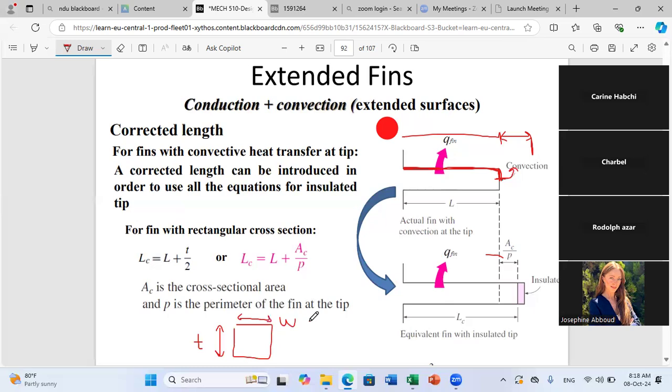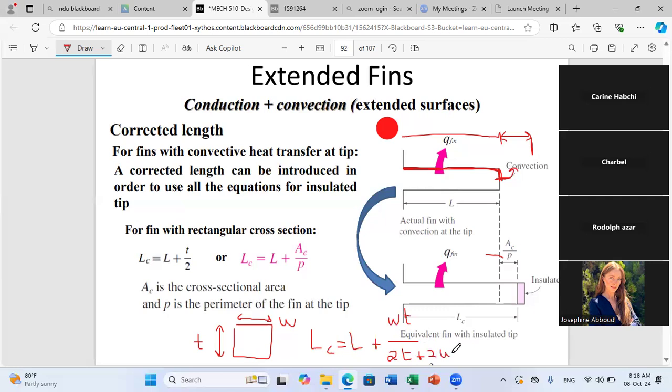So all I have to do is the following. Lc is the actual length of the fin L, and I should add to it the cross-sectional area, which is W times T, over the perimeter of my fin, which is 2T plus 2W.